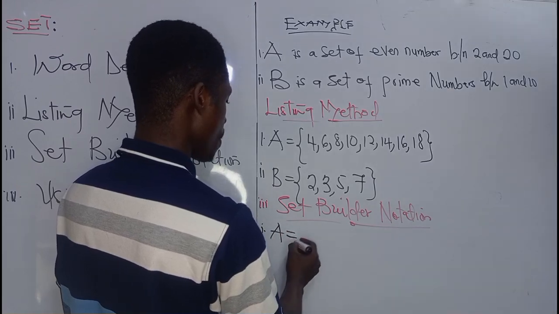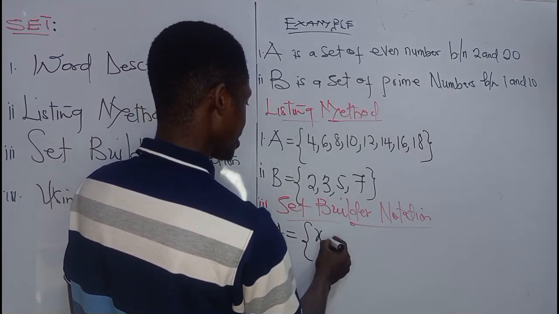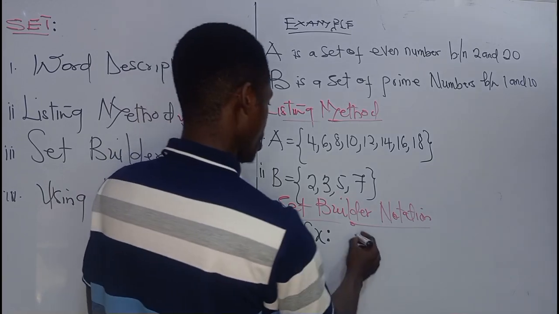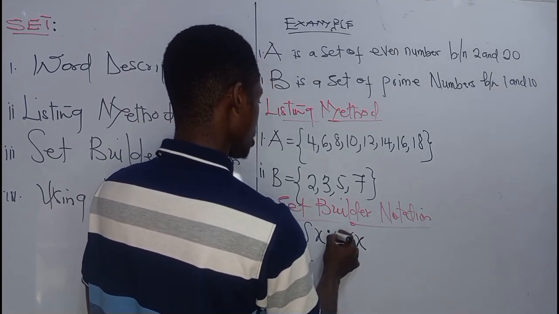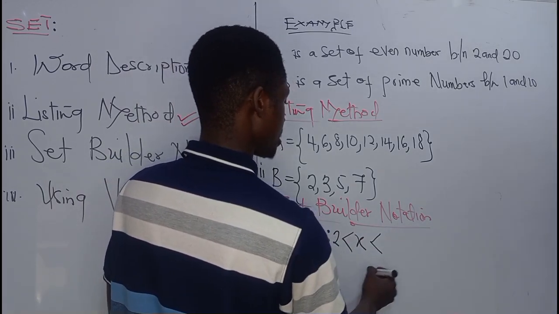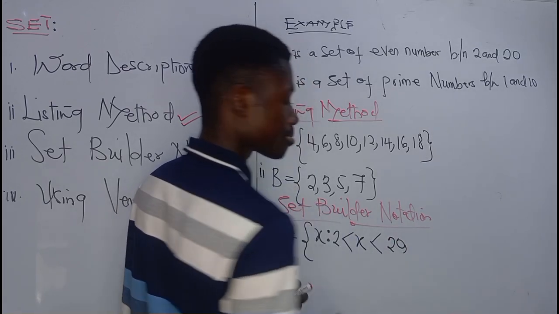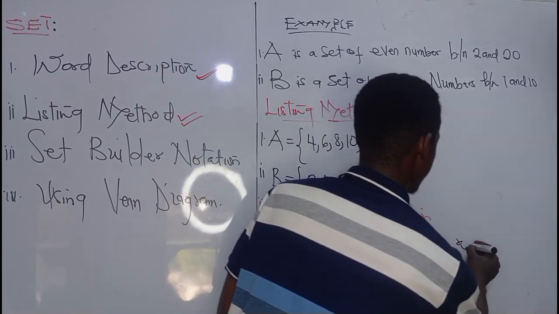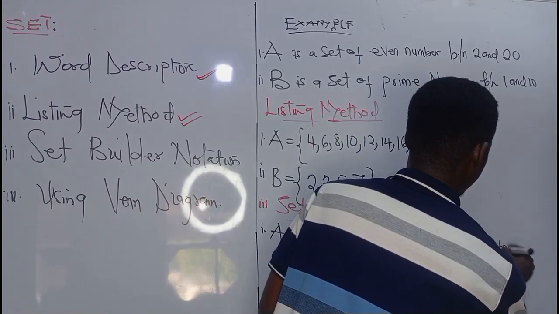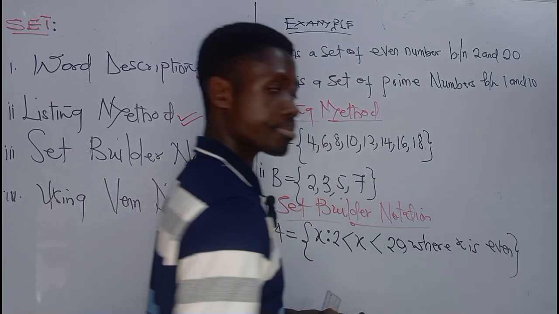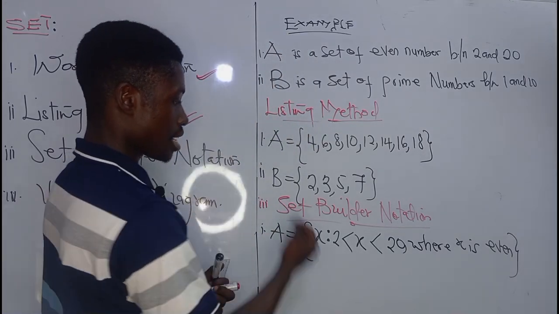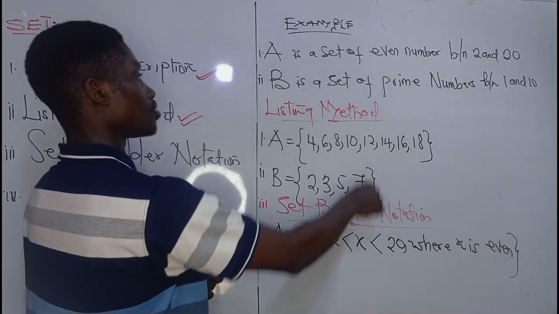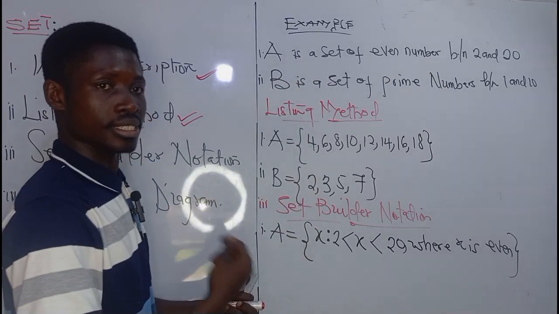We have A, x such that x is greater than 2 and this same x is less than 20, where x is even. So we have used the set builder notation to describe this particular set.